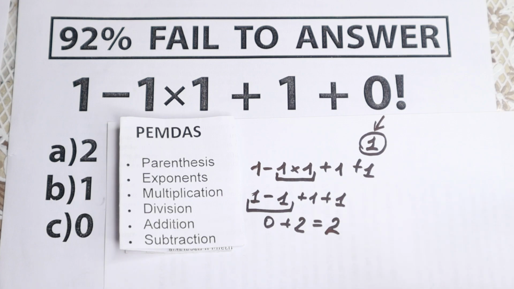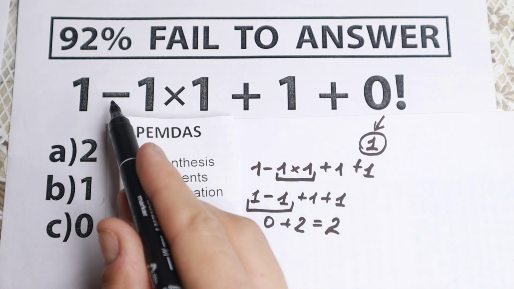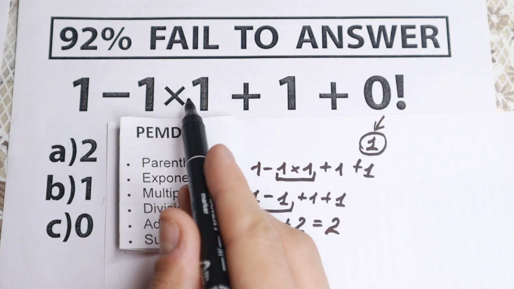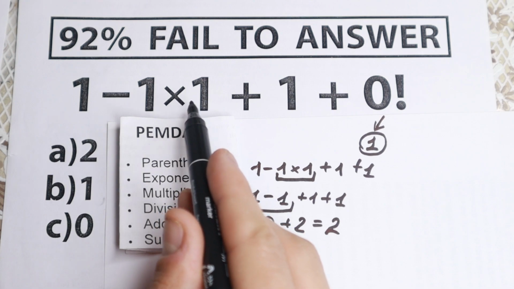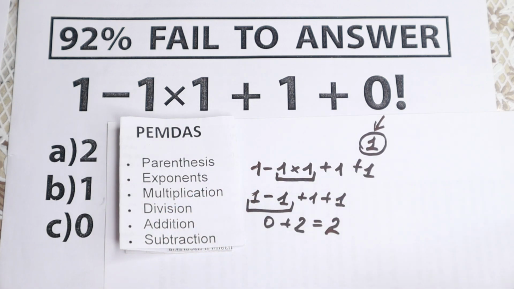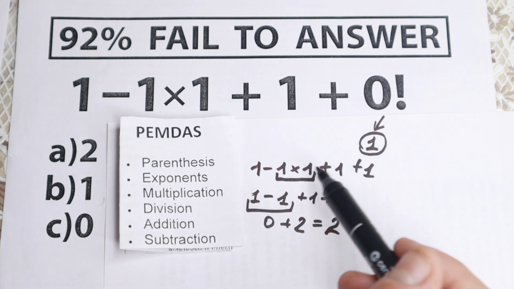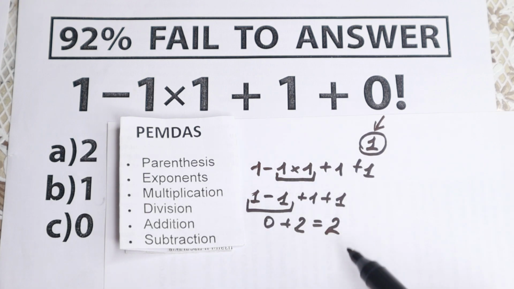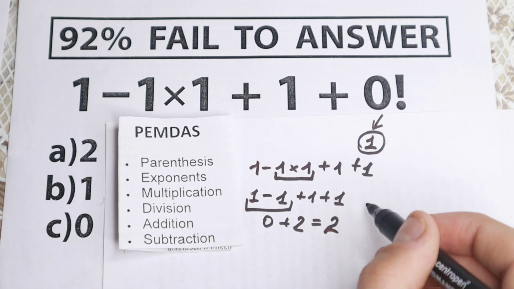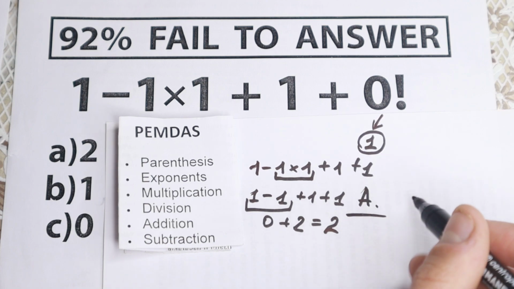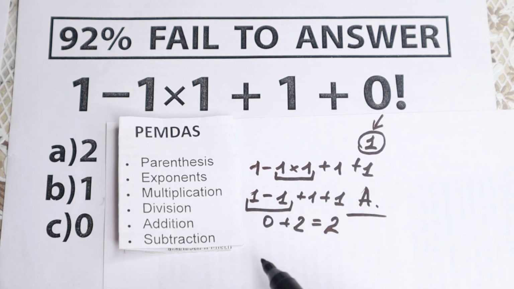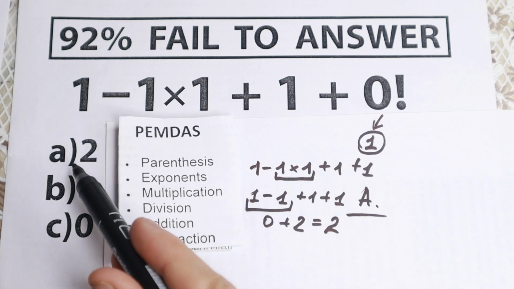But really interesting moment: if we start with subtraction, we will have 0 times 1, which is equal to 0, and plus 1, which is equal to 2. But if we start with the correct order, with this multiplication, 1 minus 1, 0, and plus 2. So the correct answer is option A, but it's a very tricky question, because if we go the wrong way, we will have the correct answer as well.